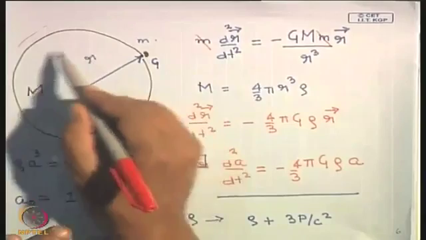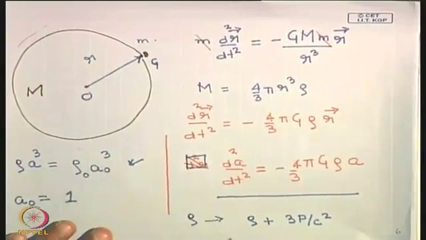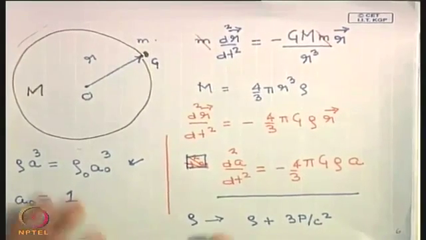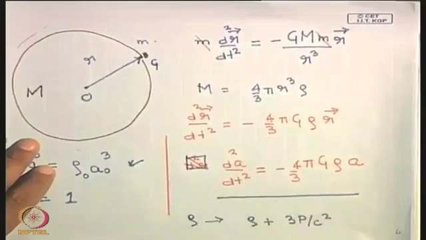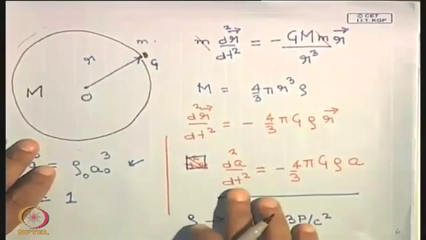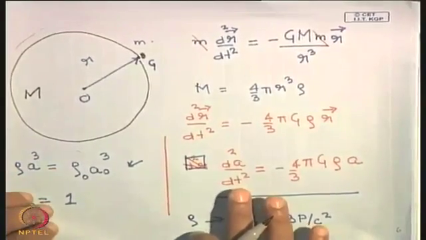If the constituent of the universe has pressure, this has to be modified, rho has to be replaced by rho plus 3p by c square. So, this is the equation that governs the acceleration or deacceleration of the universe. This is the equation that governs the dynamics of the expanding universe.